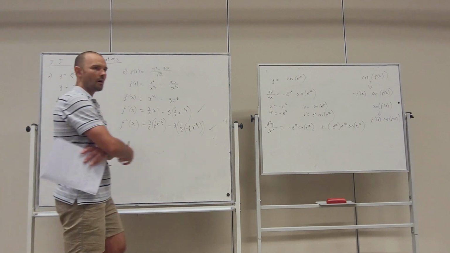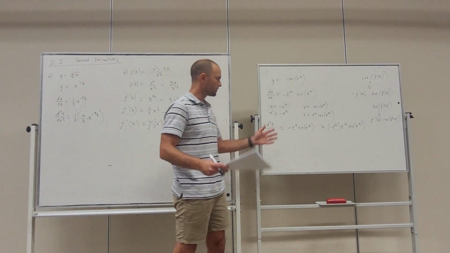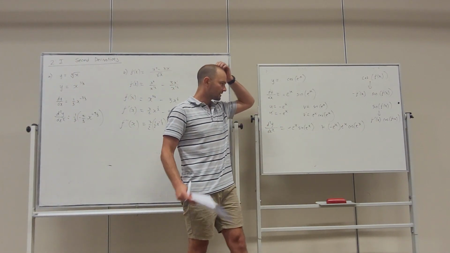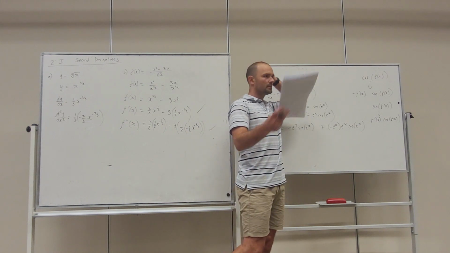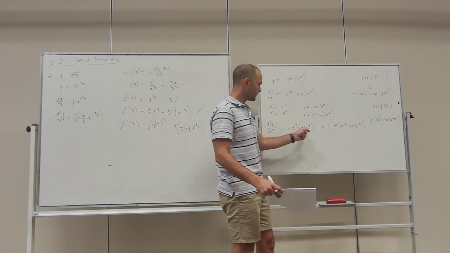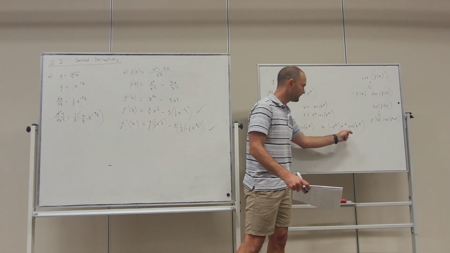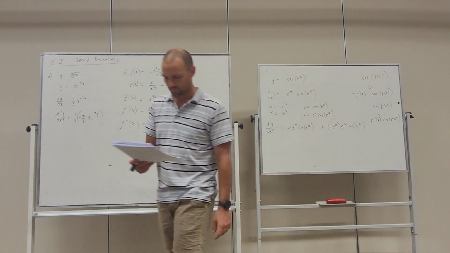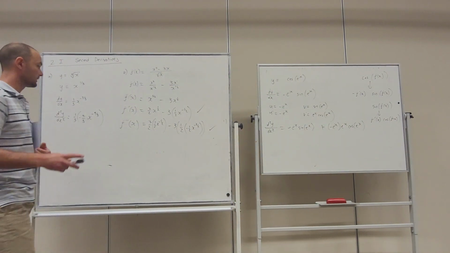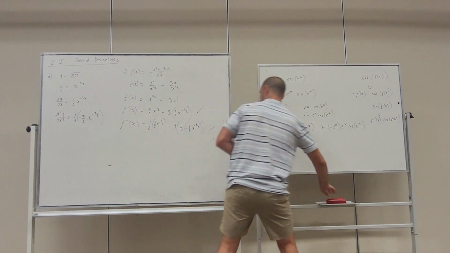All right, and don't worry about negatives and so forth, just use brackets, okay? Just use brackets, then you don't have to think about, is it going to be positive, is it going to be negative? U dash v plus u v dash. Very good, so that's C. Excellent, let's move on to question 2 then.